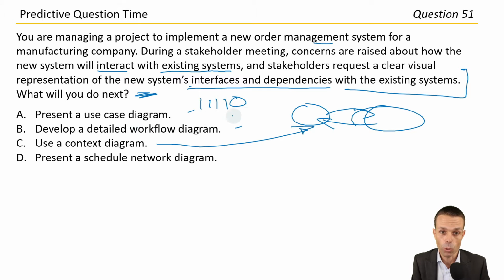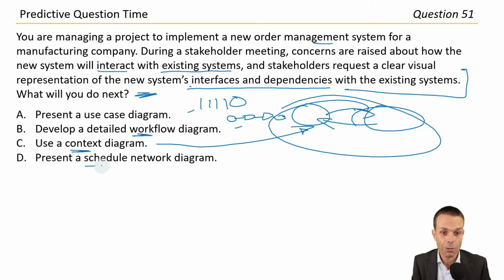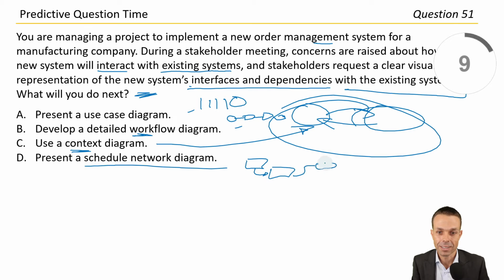A detailed workflow diagram might just be a process map of our workflow or something similar. But that's more for our work and the process. But a context diagram is great for our systems. Schedule network diagram is for our schedule on our project, the order of our tasks, and dependencies of our tasks.